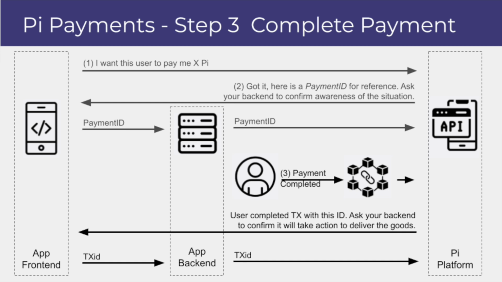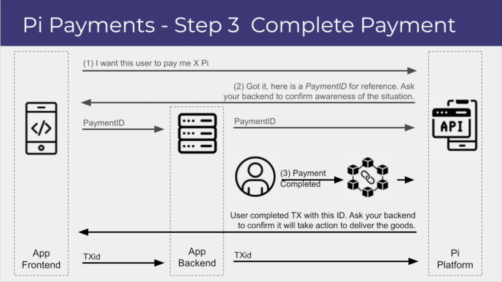Now, what happens is the Pi platform is going to return the blockchain transaction ID to the app's front end. And this is all happening on the front end side. Part of the reason being, as we said earlier, the user's passphrase never leaves their phone and never leaves their wallet app for obvious security reasons.